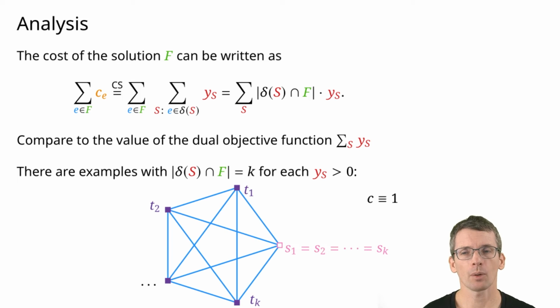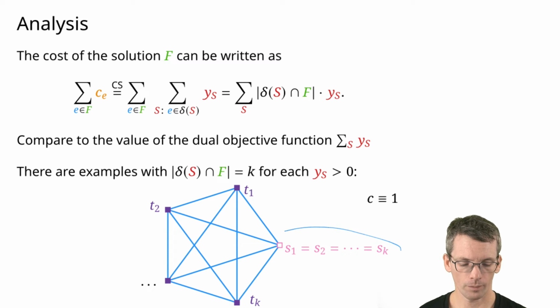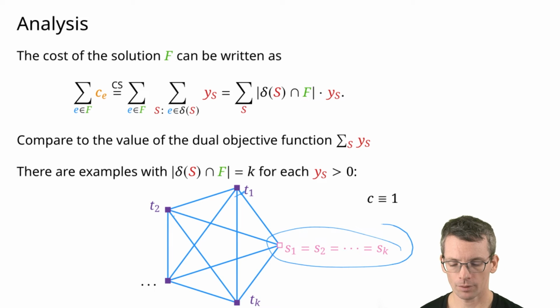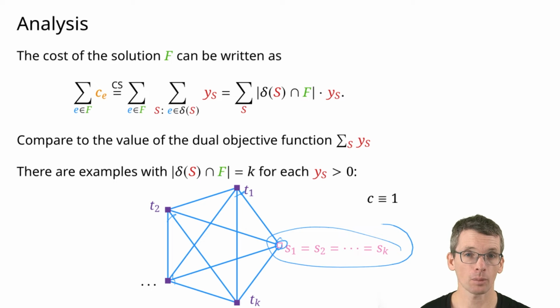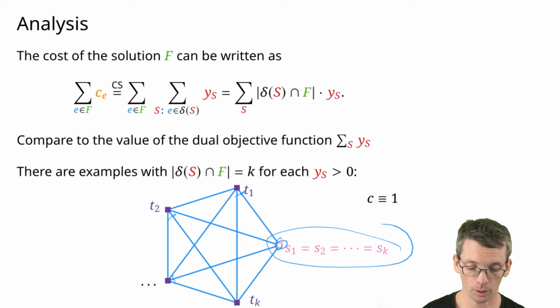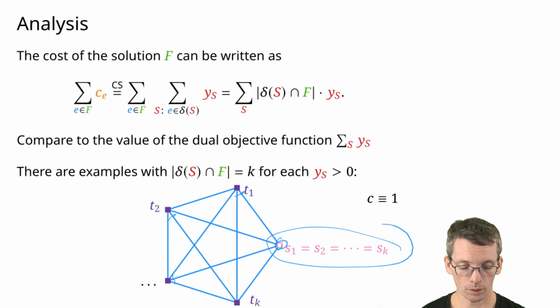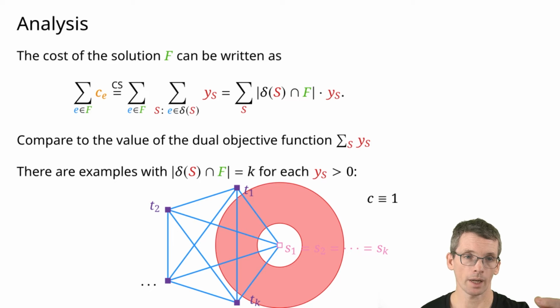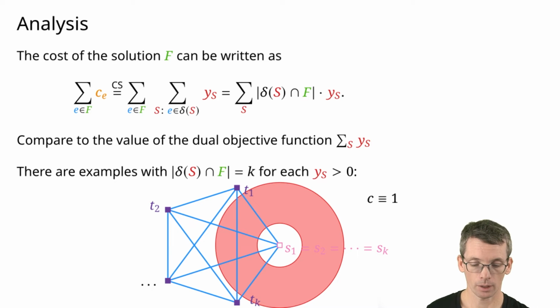And here's an example where it actually gets that bad. So let's say this vertex corresponds to all of the S_i, and here we have the various terminals. Let's assume the algorithm starts with the component that contains the S_i. Then I'm growing the corresponding dual variable until one edge becomes critical. So all of the edge costs here are assumed to be 1. So actually all of the outgoing edges at the same time, namely when Y_S is 1, become critical.